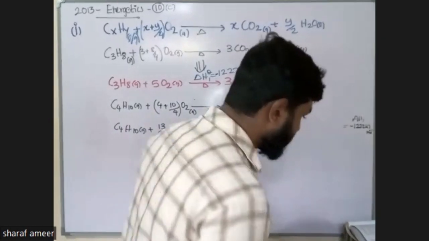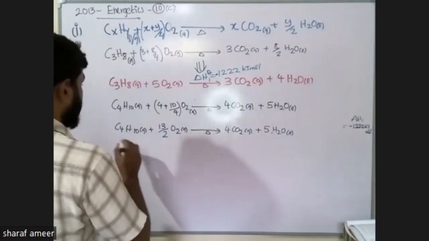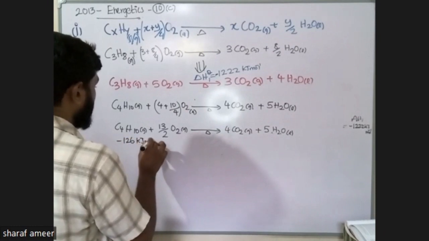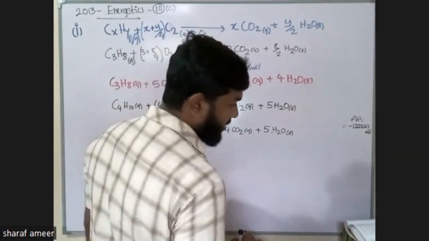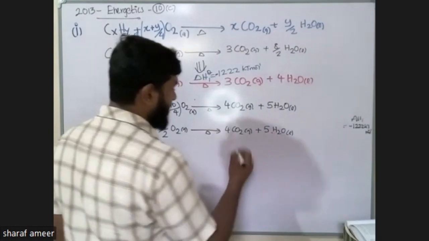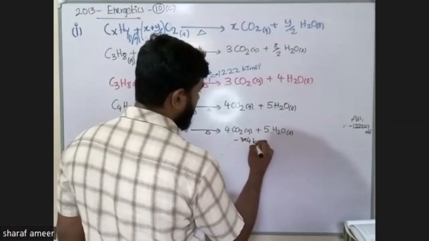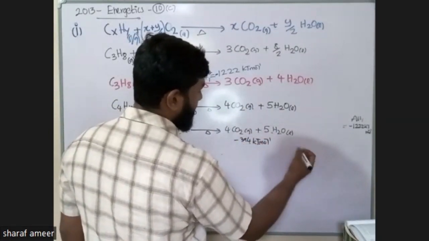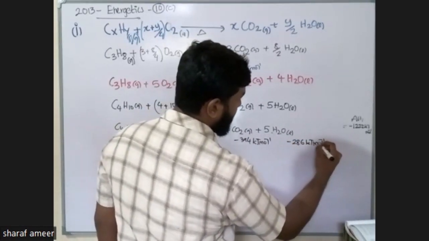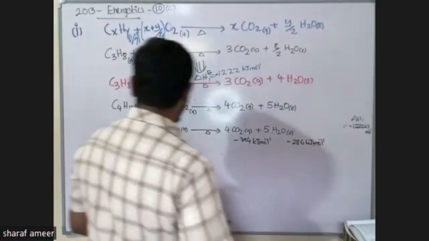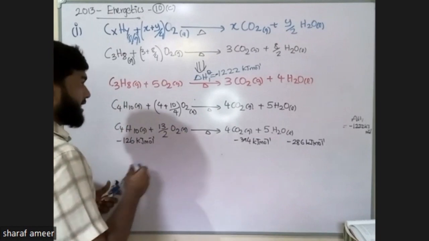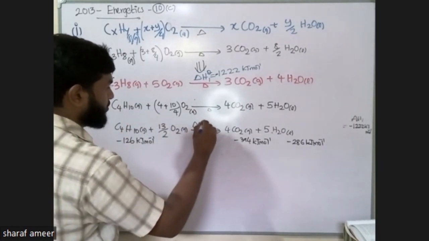For butane, you have minus 126 kilojoule mole minus 1, and for carbon dioxide we have minus 394 kilojoule mole minus 1, and for water minus 286 kilojoule mole minus 1. Now to get the answer for this, let's say this one is delta H theta 2.